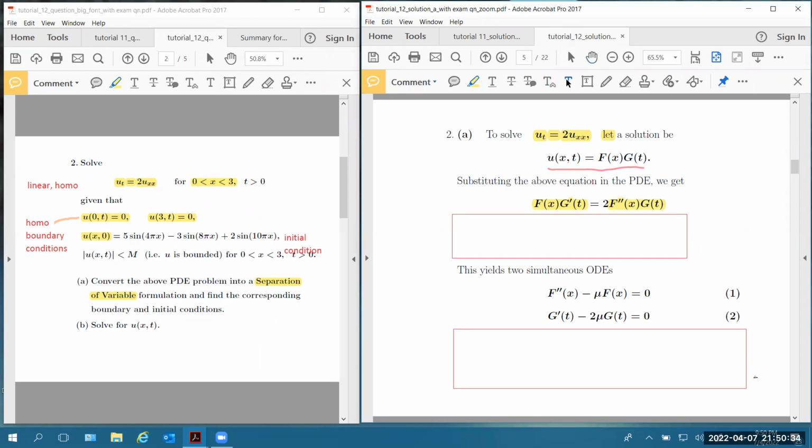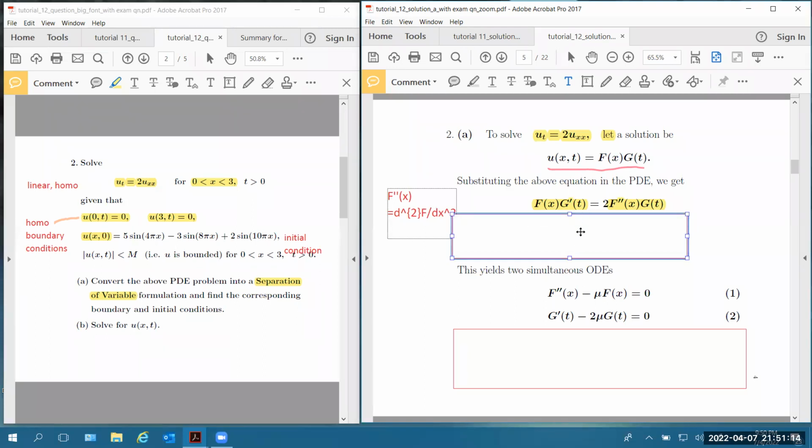Of course, you know the meaning of f double prime, right? f''(x) means d²f/dx², where the 2 is a superscript, over dx squared. So this is the meaning of f''(x).